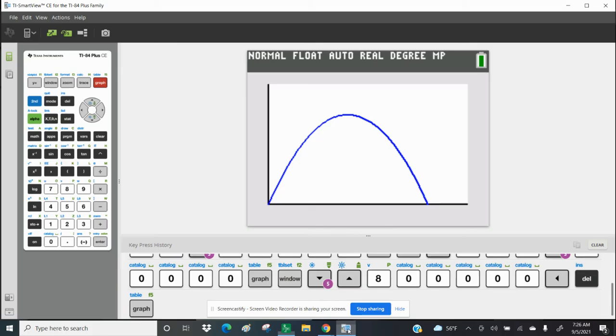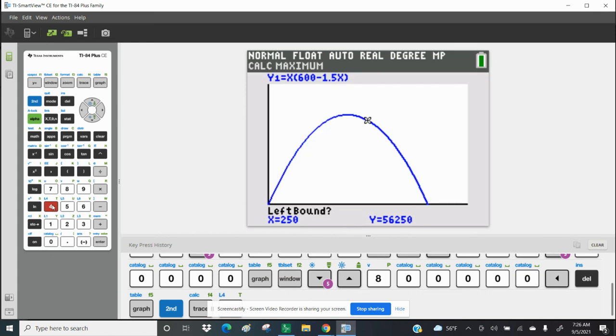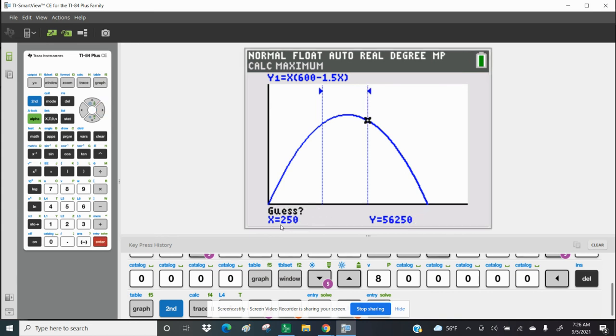So now I have to go back and I want to find the vertex. So I'm going to go to second trace or calc, and I want to find the maximum, so I'm going to go to number 4. It says left bound, so I'm going to put my cursor to the left of my vertex, anywhere to the left. It doesn't really matter. I'm going to hit enter. And now I'm going to go to the right of my vertex and hit enter. And then it says guess, so I'm just going to hit enter again.